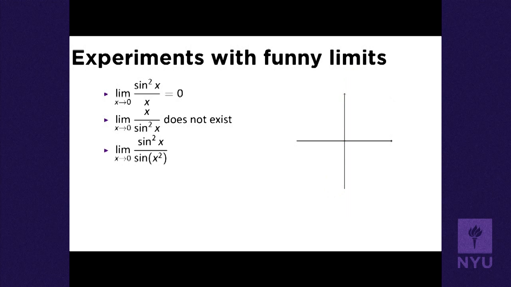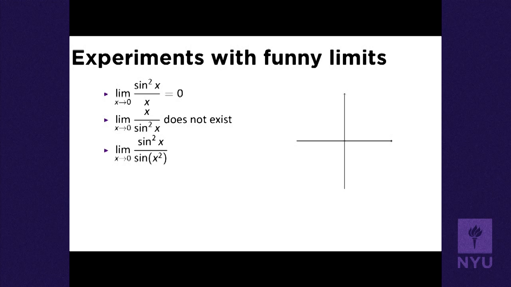How about this one? Sine squared x over sine of x squared. Well, let's use a little bit of approximation to guess the value of this limit. We know when we say that the limit as whatever goes to 0 of sine of whatever over whatever is 1, what we're saying is that for a small angle, the sine and that angle are pretty much the same thing.